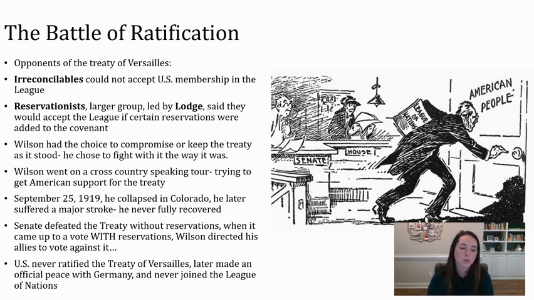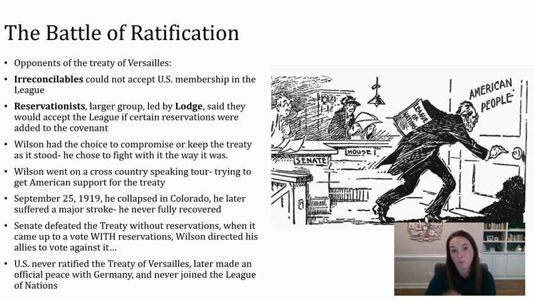Instead, he went across the country on this big speaking tour, really trying to sell the League of Nations to the people, which is interesting because it kind of reminds me of Andrew Jackson and the Bank of the United States, right? Even though some stuff was going on politically in Washington, D.C., he was like, well, I'm going to take it to the people and I'm going to tell them why the bank is bad. Woodrow Wilson went across the country.